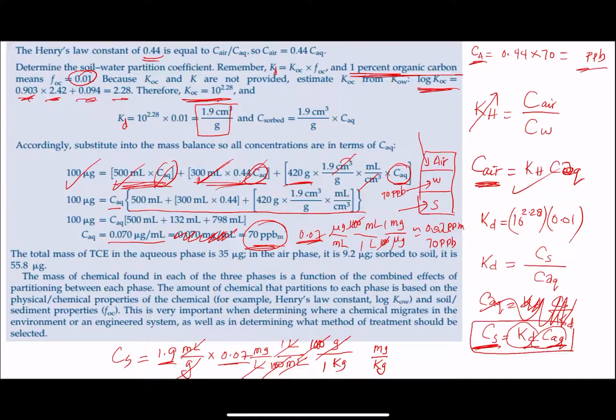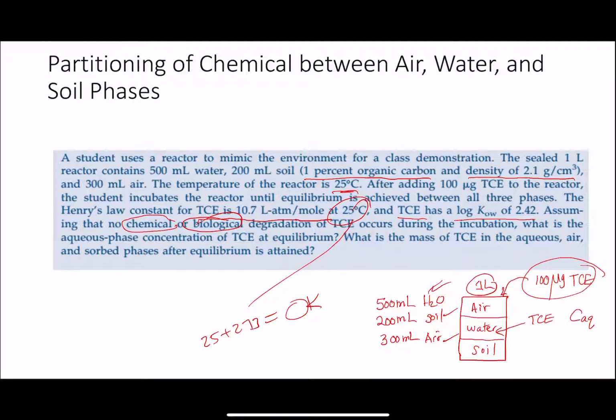Some questions that came in the previous exam: what is the percentage of the organic out of the total? Let's say we know the mass. We could find out the mass of the organic in soil, the mass of the organic in water, and the mass of organic in the air. What is the percentage of the mass of TCE in the soil out of the whole compartment?